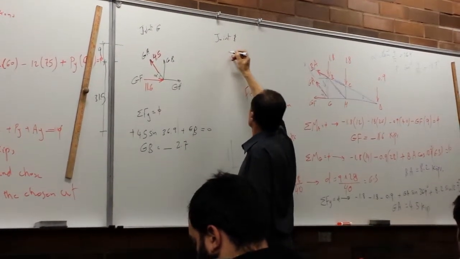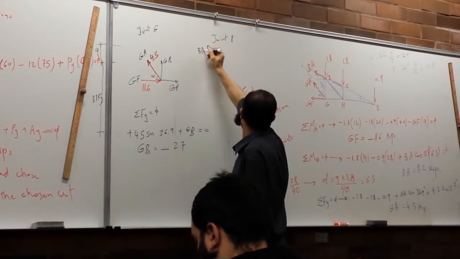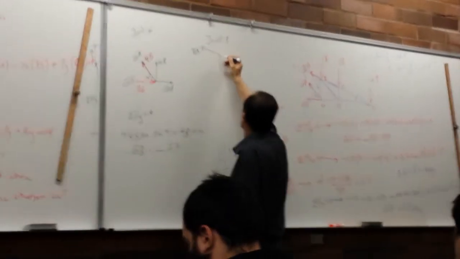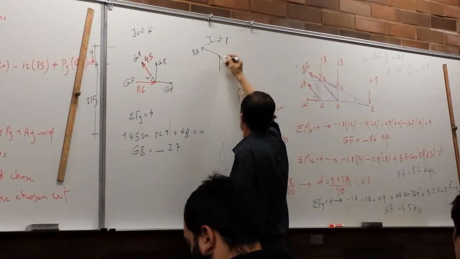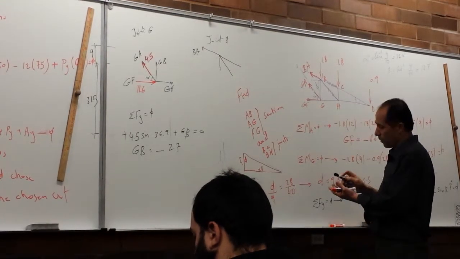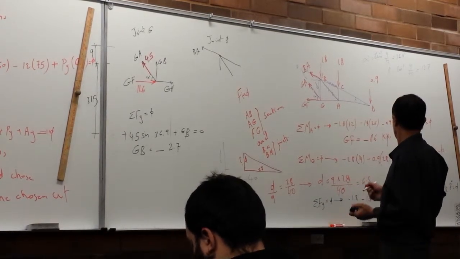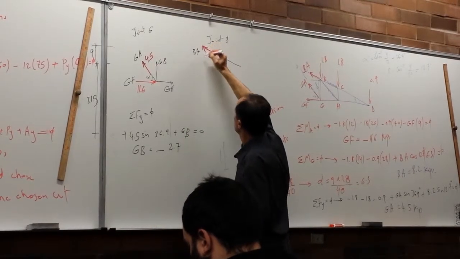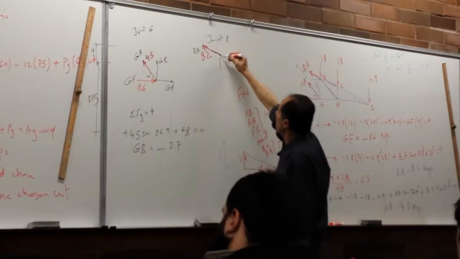Joint B. Joint B has this element, BA, it has this element straight here, and has this element. Let's look at them now. BA is 8.2. We know it in this direction. This one is BC that I'm looking for.